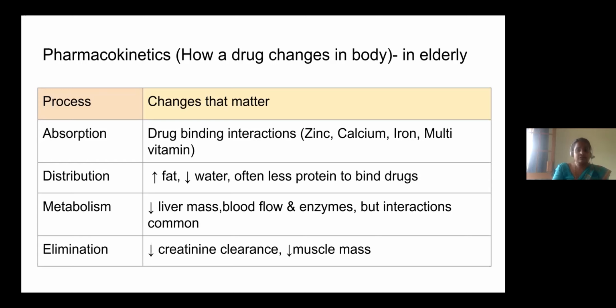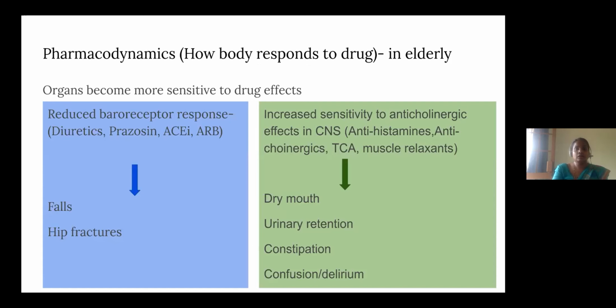But drug interactions are common in the elderly. Elimination is low with reduced creatinine clearance. Also, creatinine clearance becomes difficult to interpret with low muscle mass. When we consider pharmacodynamics in the elderly, organs become more sensitive to drug effects.